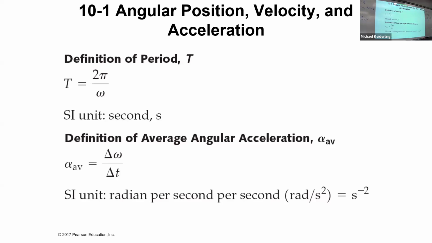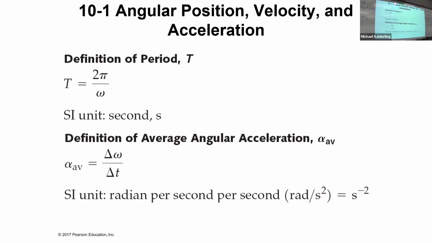And we can also define an angular acceleration. Angular acceleration is alpha. So the average is delta omega over delta t. So alpha is defined as d omega dt.